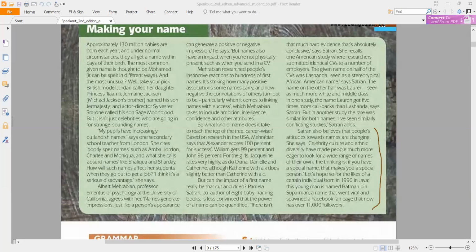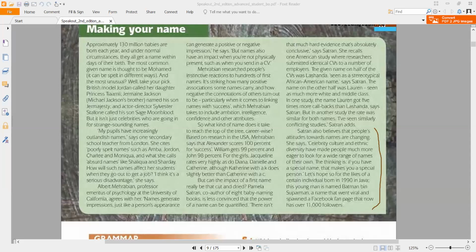Okay, very interesting. So they say here that it's all up to celebrity culture and the ethnic diversity. And they even say that because of all of that, there are some people who are really eager to see a wide range of names.